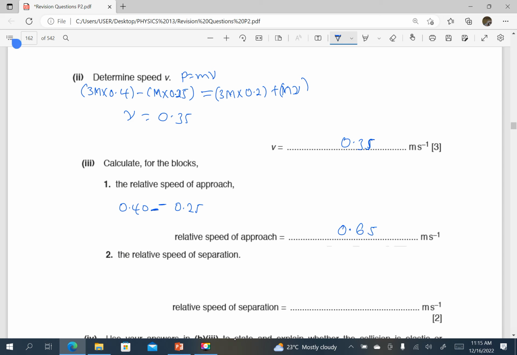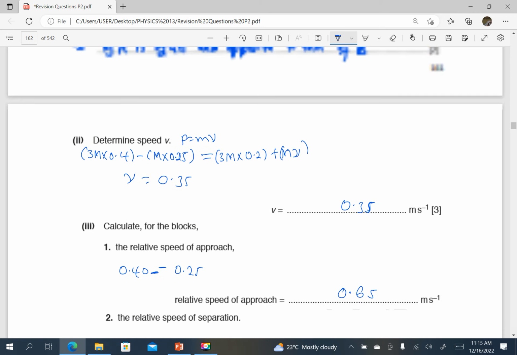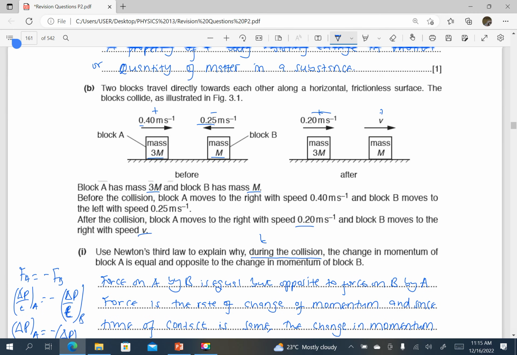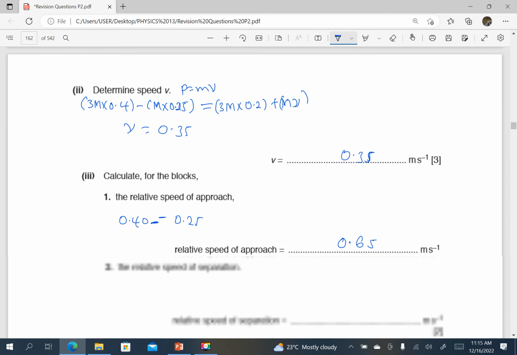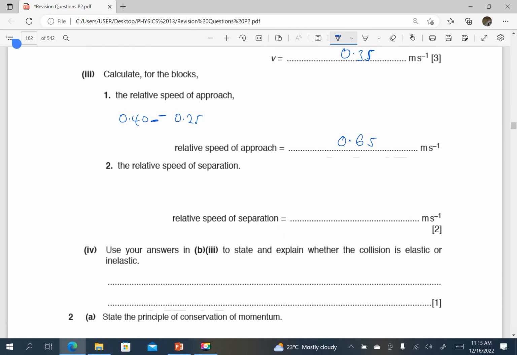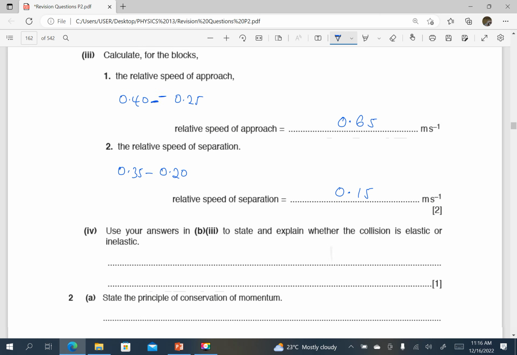Speed of separation: they are both to the same side, so I have 0.35 minus 0.2. Since they are in the same direction, I don't need to add a negative. So it is 0.35 to the right minus 0.20 still to the right, and this gives me 0.15. That is the relative speed of separation.